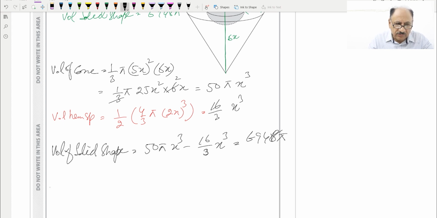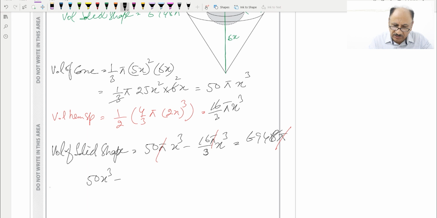Now 16 by 3 is also basically pi, we missed pi over here. This should be pi and pi. Now we can cancel this pi with this pi.